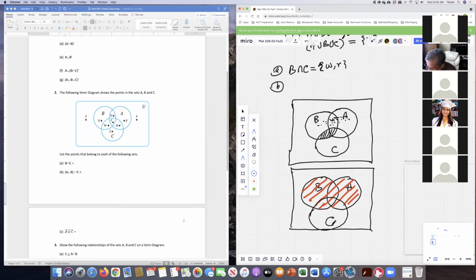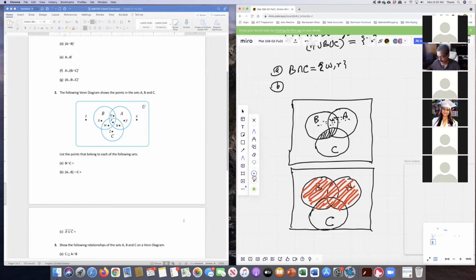So basically, to find A union B intersection C, A union B is red. It's shaded red already. So the question you ask is, what part of C is also red?